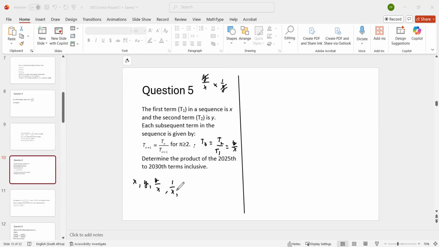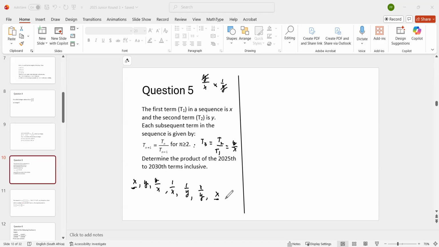Okay, and if you keep doing this, this over this is 1 over y, this over this is x over y. When you're dividing two fractions, remember, you invert the fraction, so the 1 over x will become x over 1. And this over this is x. So you come back to x.